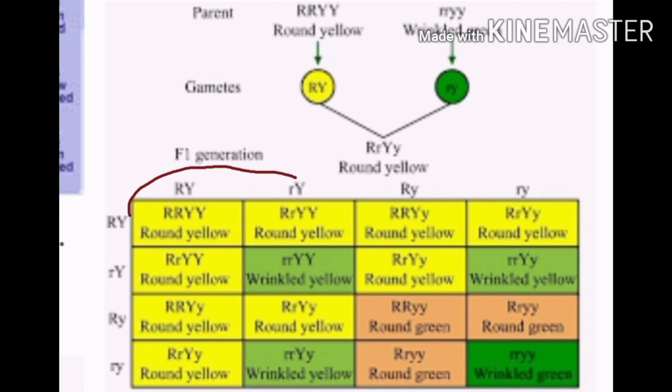Similarly, the gamete capital R capital Y will combine with the small r capital Y and will form the progeny having the genotype capital R small r and double capital Y, producing the progeny of yellow color and round seed. This continues and so many progenies will be formed.